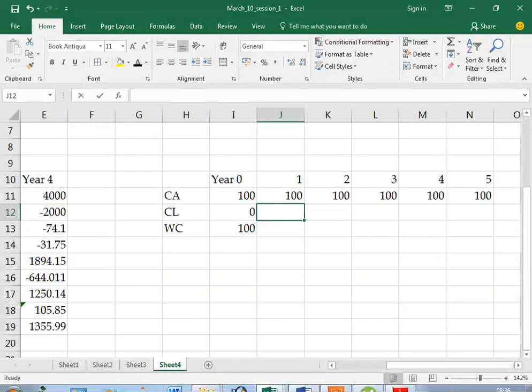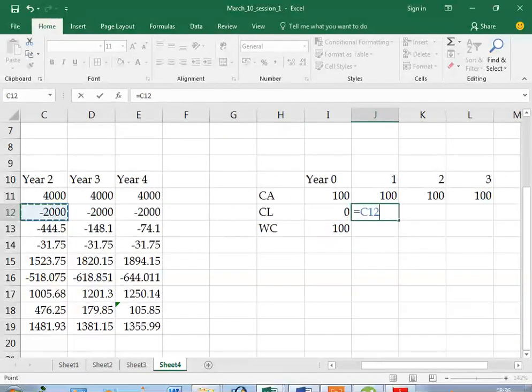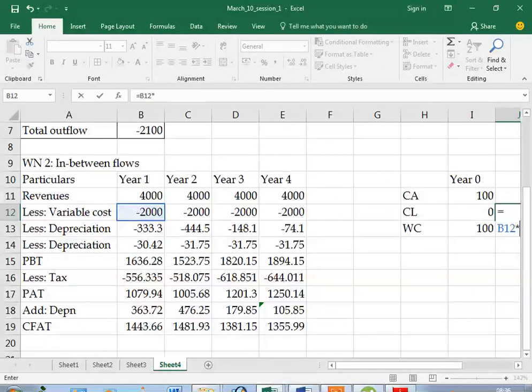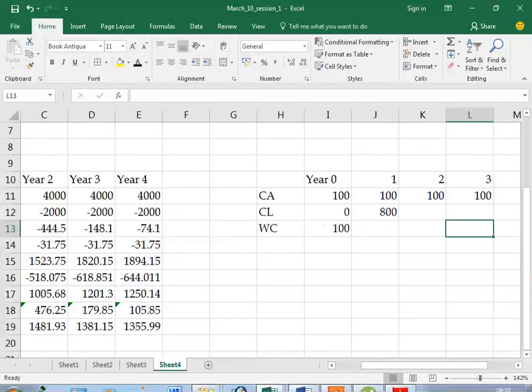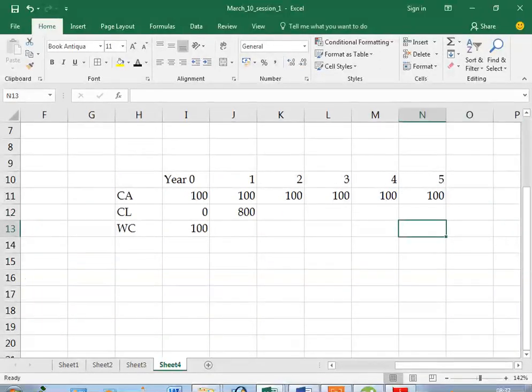So at the end of year 1 you will see a current liability which is 40% of this number. Next year again a current liability of 40%, and at the end it will get closed. Any doubts on the current liability figure?